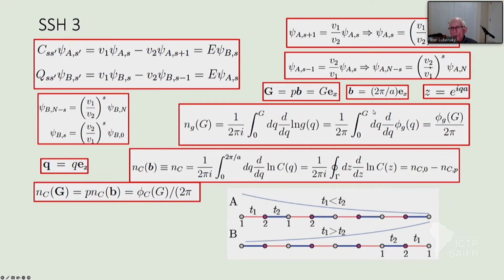Here, if V2 is greater than V1, then we're in trouble. We can't do anything. But if V2 is less than V1, then we've got a mode that's going in the opposite direction. It's a zero mode that starts on the right and goes to the left. So down here, we have a cartoon of what happens when T1 is less than T2 and what happens when T2 is less than T1.